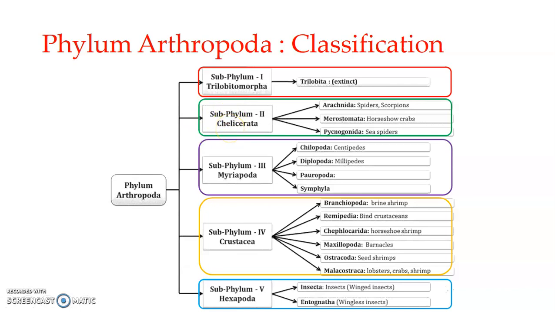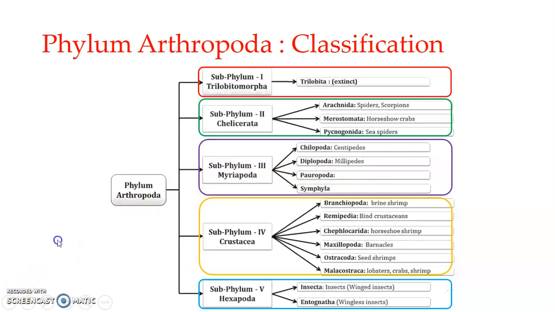The third subphylum is the subphylum Myriapoda. The term comes from the words myria and podos, and this includes centipedes and millipedes.